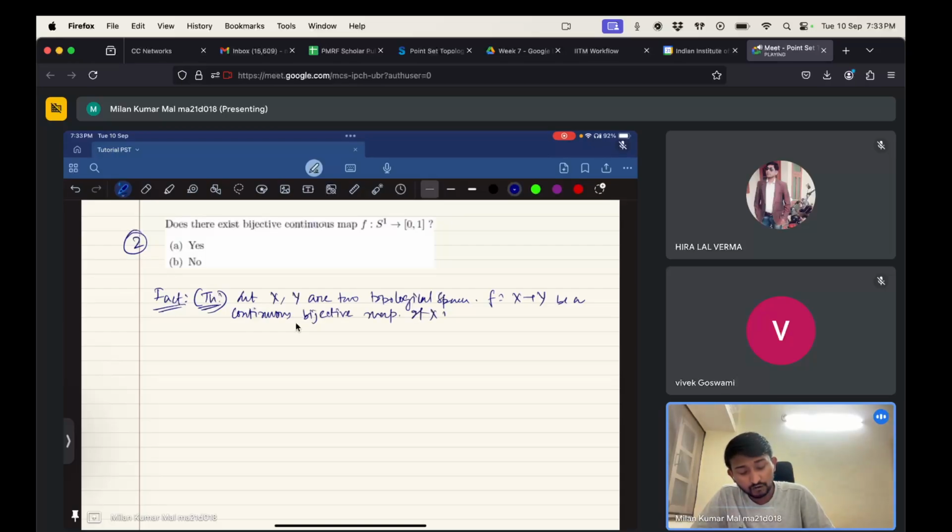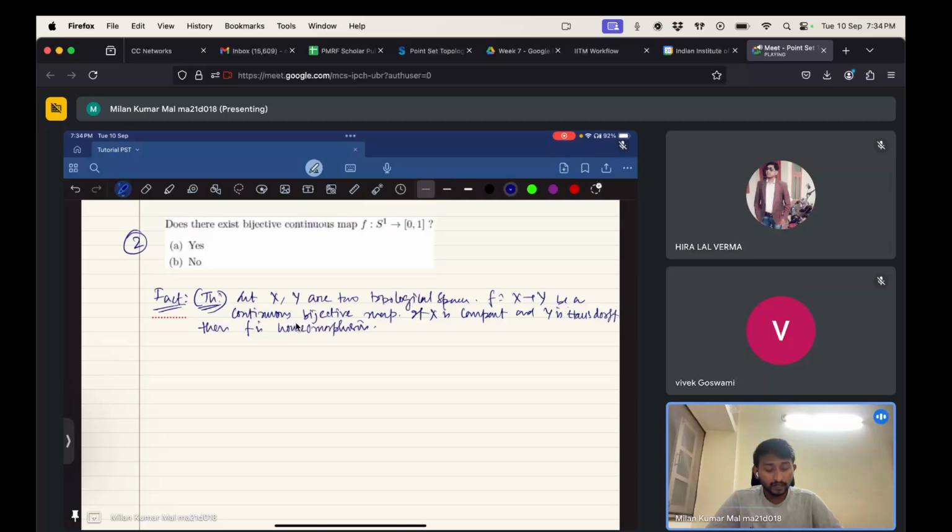If X is compact and Y is Hausdorff, then F is a homeomorphism. So basically homeomorphism means the inverse is also continuous.